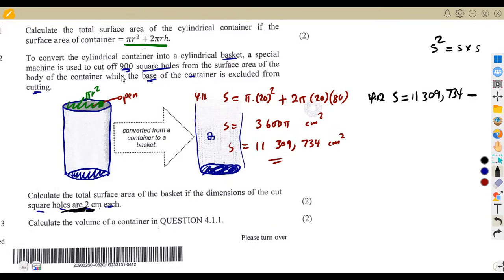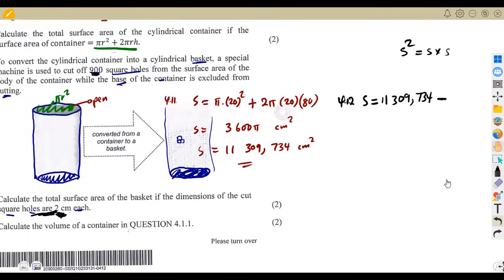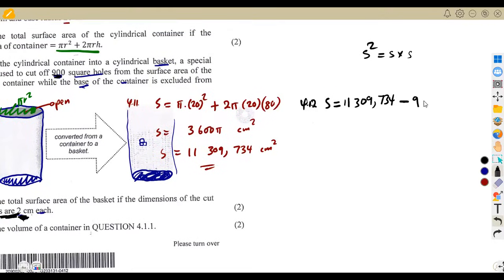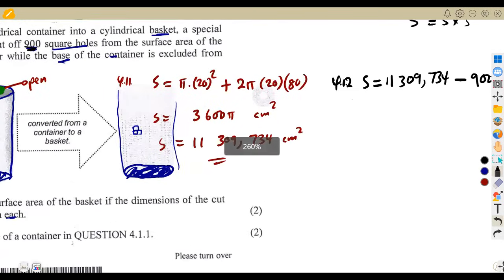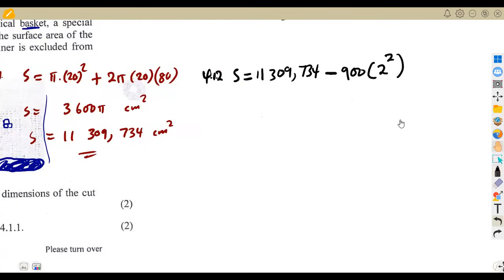But there are 900 of them, having a side of 2 times 2 each. So we are going to subtract 900 times side squared, which is 2 squared. Remember, the side is 2 centimeters of the squares being removed. So this is the one that we are going to remove: the 900 squares, each having an area of 2 squared, which is side times side.